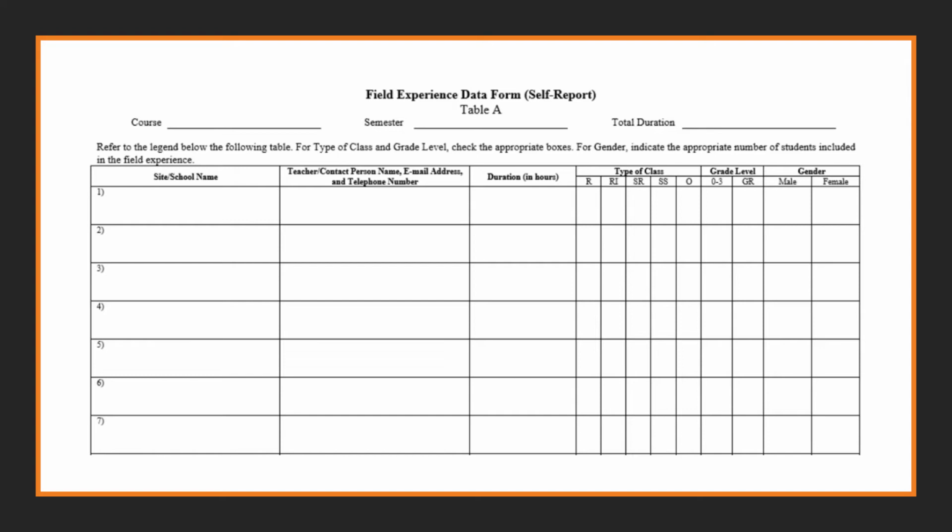Some of them it simply may say like high school, or you could tell it's an elementary class. When it comes to the type of the class, simply do the very best that you can. When we're talking about gender here, once again, do the best you can with a count. We're not expecting perfection. We understand that it is a video.